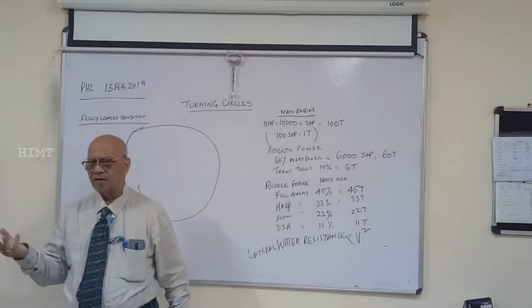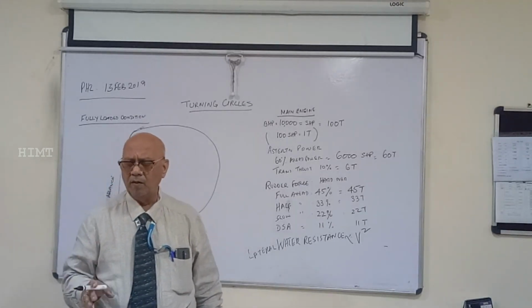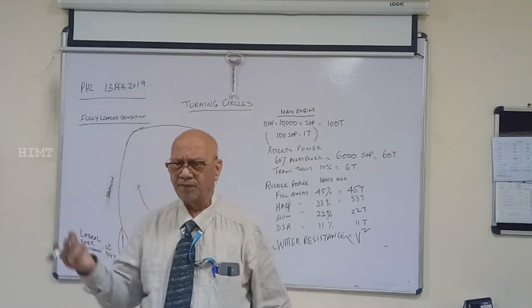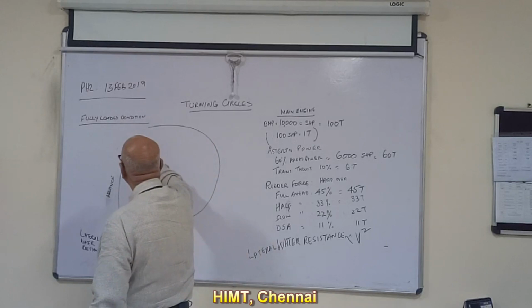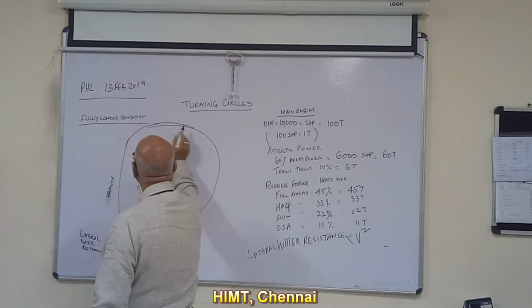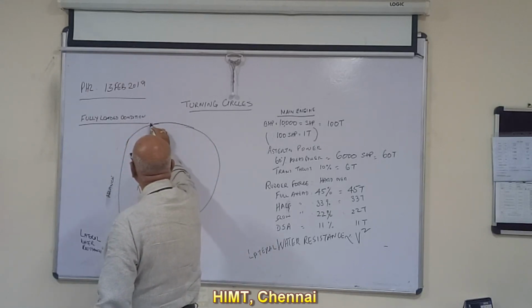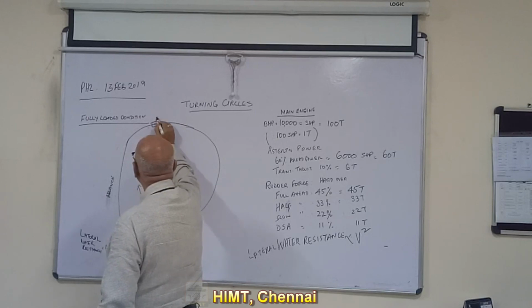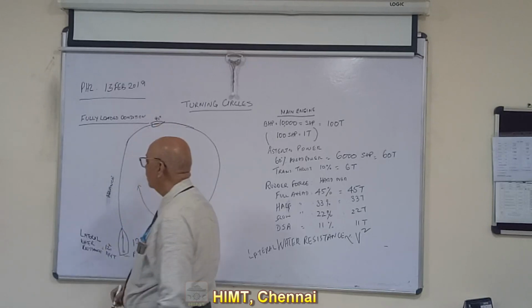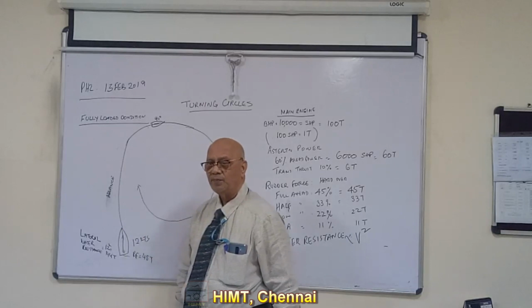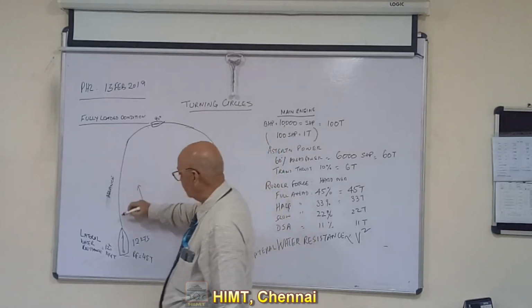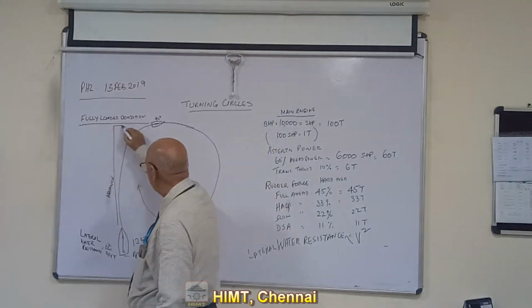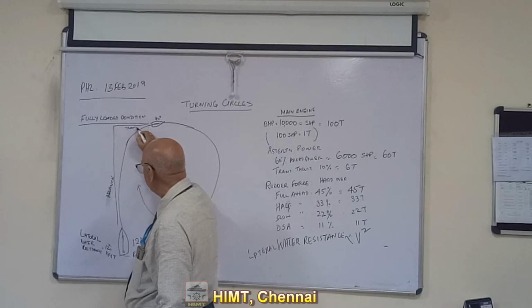As per the IMO performance standard, usually it should be not more than 4.5 ship lengths maximum. So it is trying to turn, and the ship has now turned 90 degrees. That means this is your advance and this is your transfer.